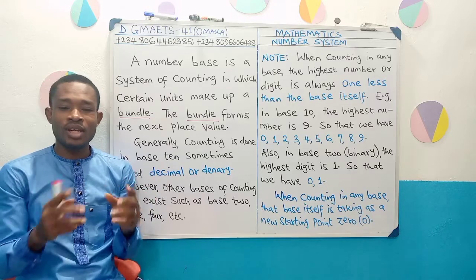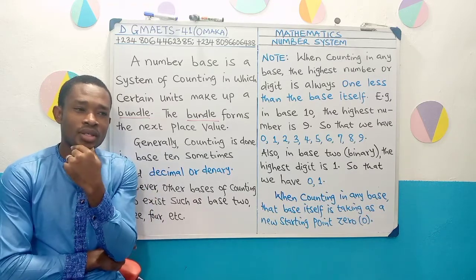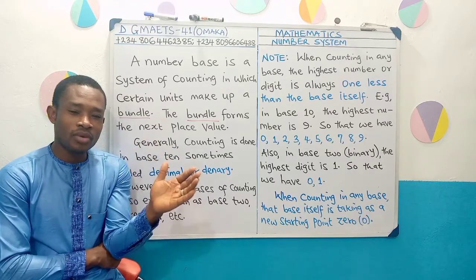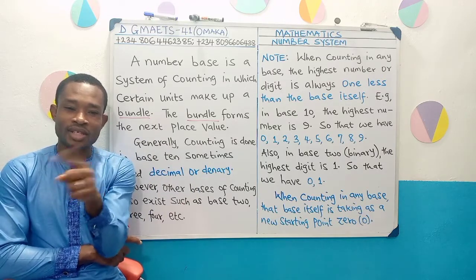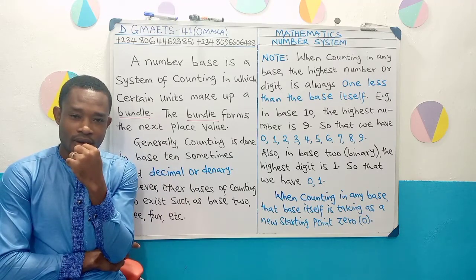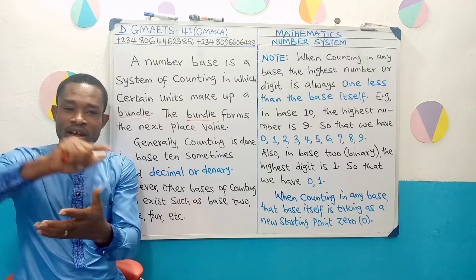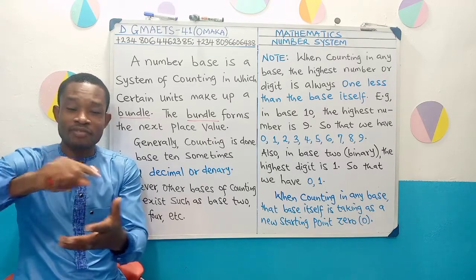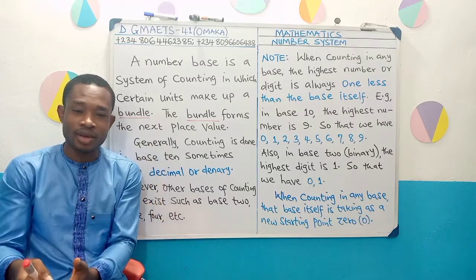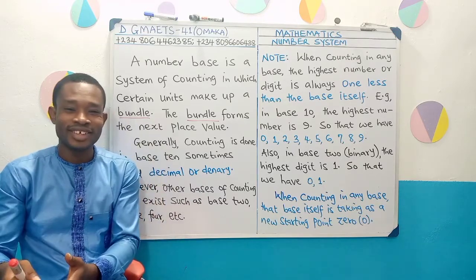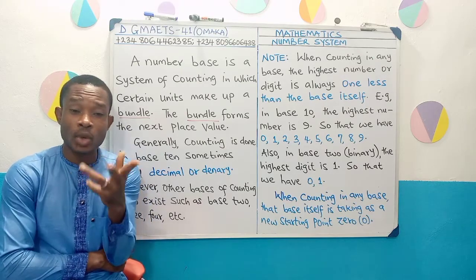So one can really look at this and say, wow, it's as if counting from 1 to 10, 10 becomes like a new starting point. Which means that once you get to 10, it's as if that is 0. You are ready to now start all over, counting again from 1. Just think of when you get to 20.